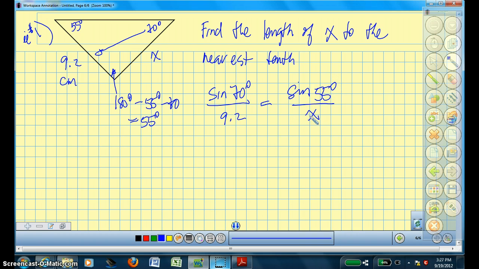Okay. At this point, if you want to make the math a little bit simpler and you don't like the fact that the x is in the denominator, let's take the reciprocal of everything. So this is 9.2 divided by sine of 70 degrees is equal to x over sine of 55 degrees.